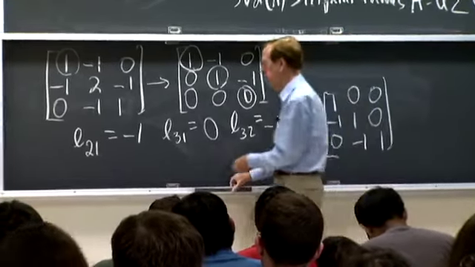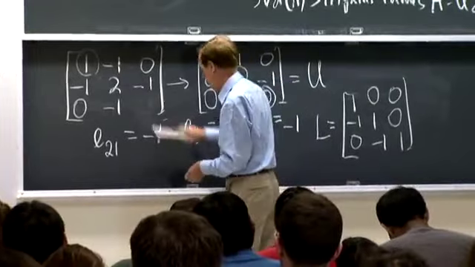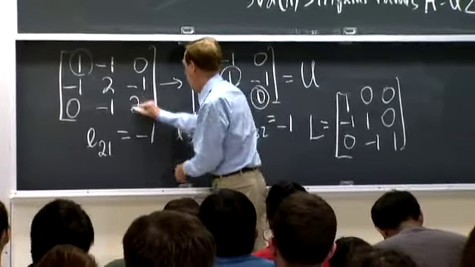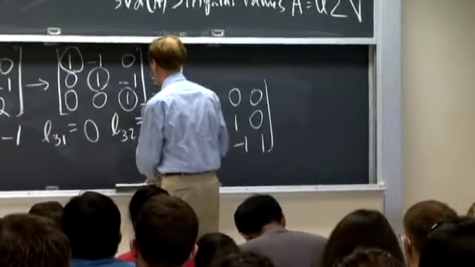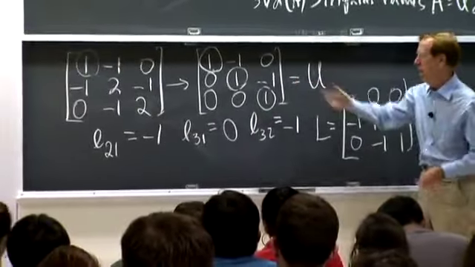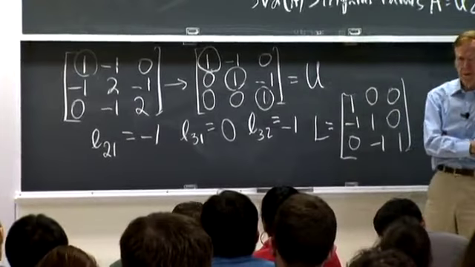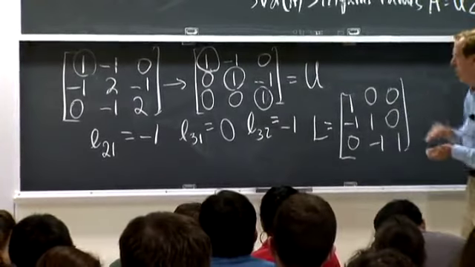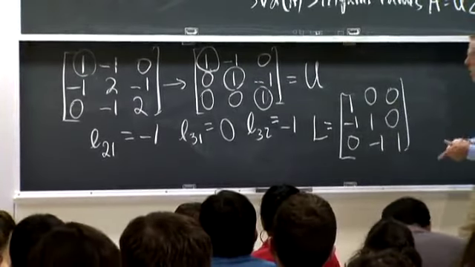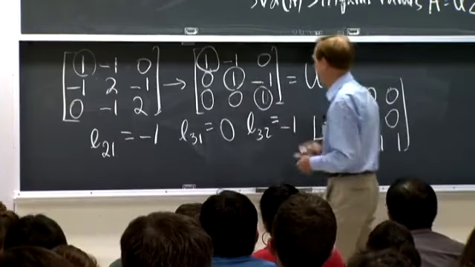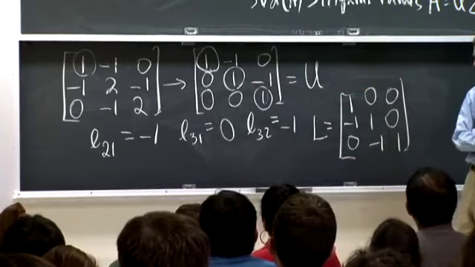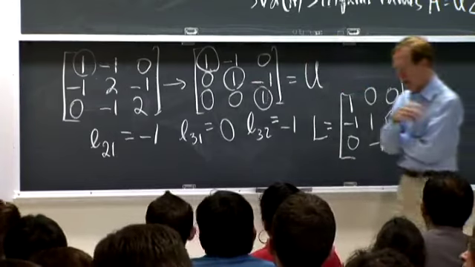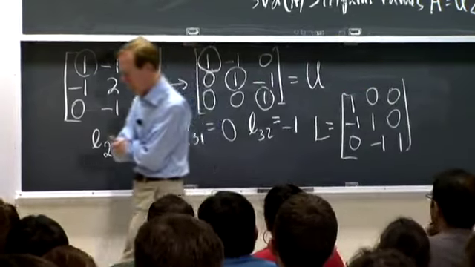Okay, so let's go back to the good case for the main point. The good case was 3 pivots. In fact, it was extra good because they all turned out to be 1s. Now we're ready for LU. Here's the magic, and I'm not giving a proof.